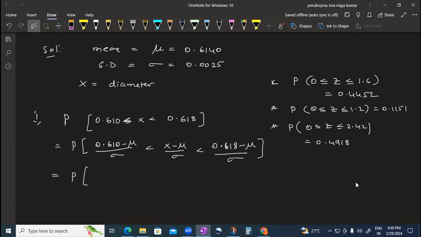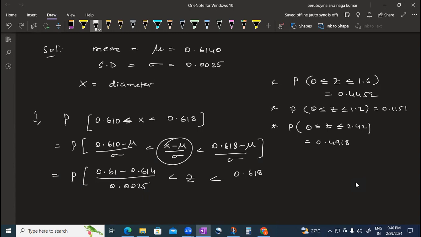That equals probability of 0.610 minus 0.614 divided by sigma, 0.0025, and this thing is Z function, less than 0.618 minus 0.614 divided by 0.0025.